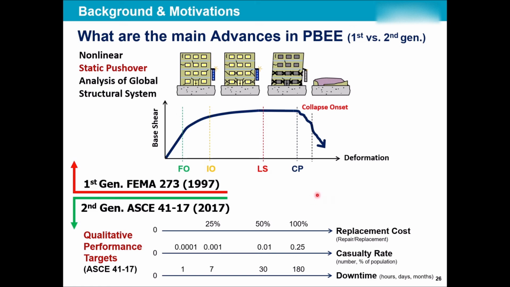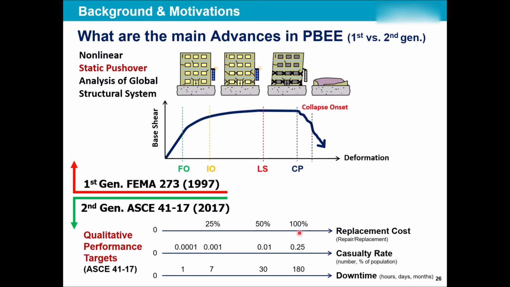Now the second generation came and quantified these performance targets. What exactly does fully operational mean? What exactly does immediate occupancy mean in terms of replacement cost, casualty rate, and downtime? Now, if you tell these to your stakeholder, your client, the owner of the building, they fully understand that, look, whenever we reach, for example, collapse prevention, the replacement cost is 100% of your building's cost.